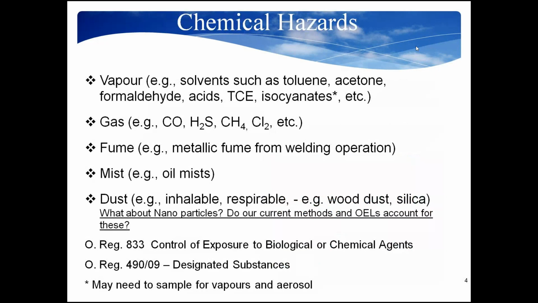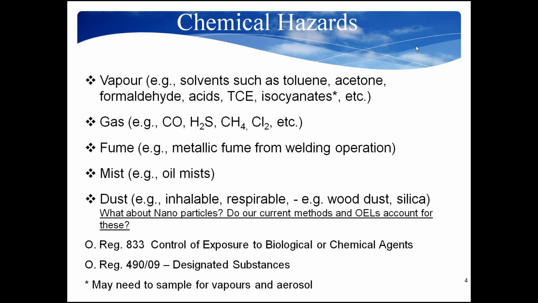So we'll start off with one of the big ones, which is chemical hazards. These might be in the form of vapors, such as solvents like toluene, acetone, formaldehyde, trichloroethylene. They might be isocyanates if it was a painting operation, or spray foam operation, or in adhesives. You might have gases like carbon monoxide, hydrogen sulfide, methane, chlorine.